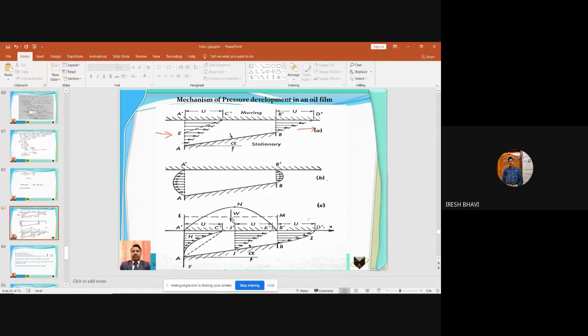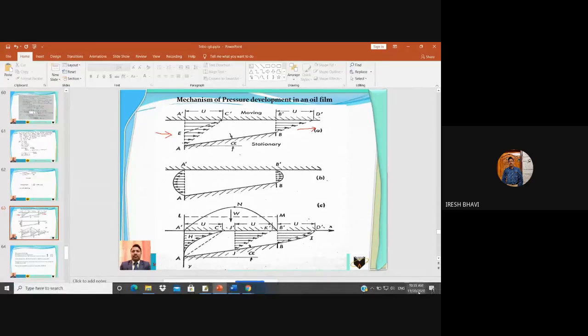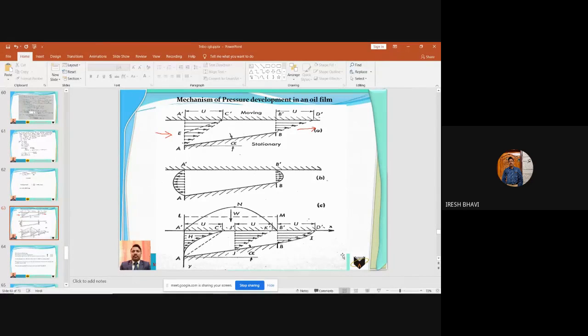Hence, whatever pressure is developed inside this bearing, it will be able to support this load W on the shaft, preventing metal to metal contact between A dash B dash and AB. So like this, the mechanism of pressure development is there in the hydrodynamic bearing.